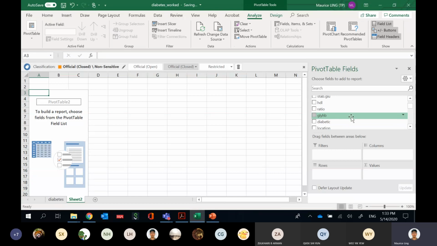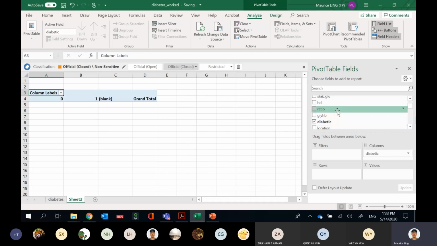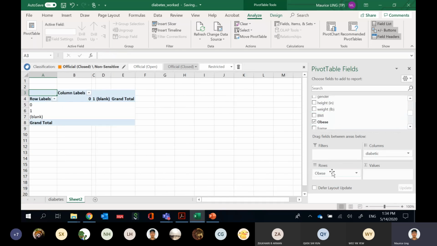All right. So same thing, let me repeat. Columns is diabetic. Obese is rows. Okay, all of you got up to here? Can you show again how you put the row labels and column labels? Sorry.